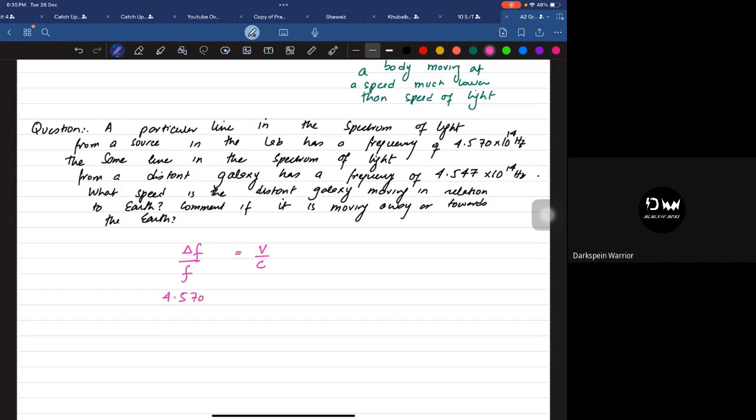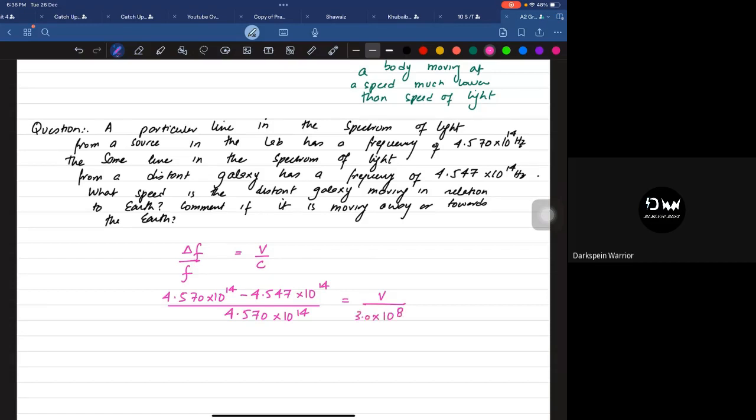Considering the frequency is less, it means it has been redshifted. That's good. You can look at it from the values itself. So use this, and then we want to find the speed of recession and the speed of light.